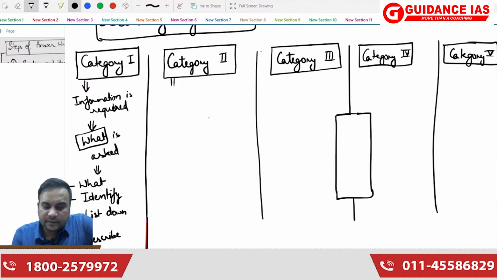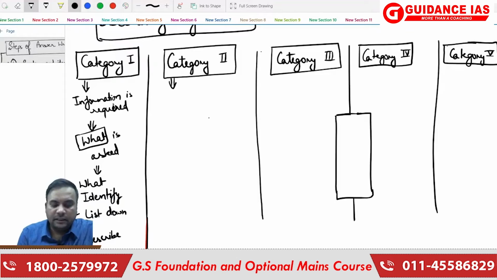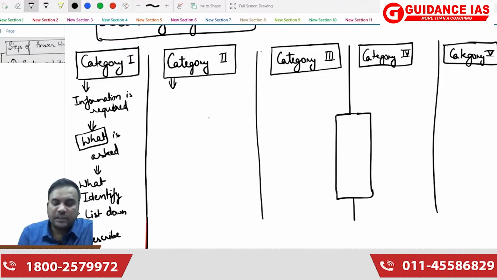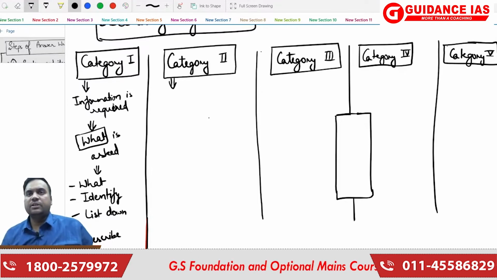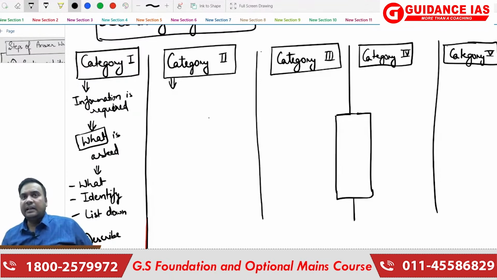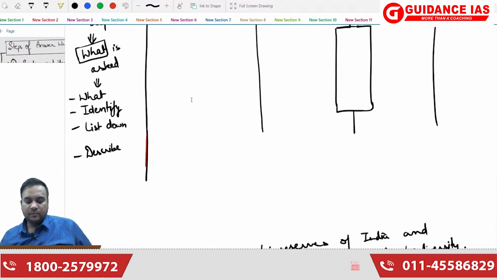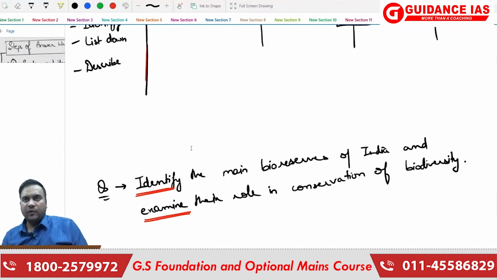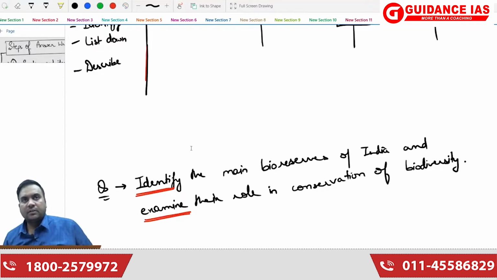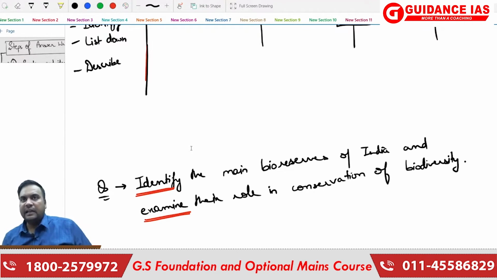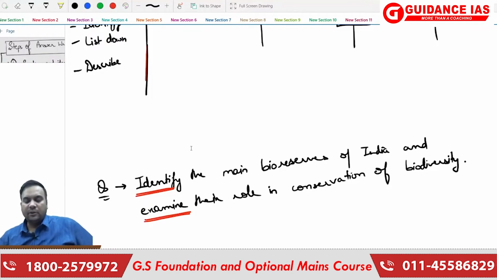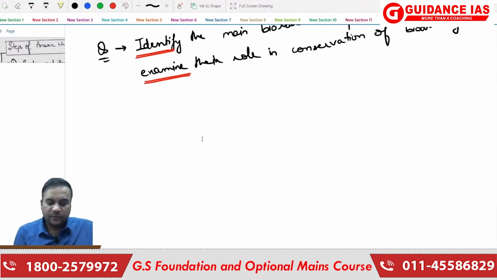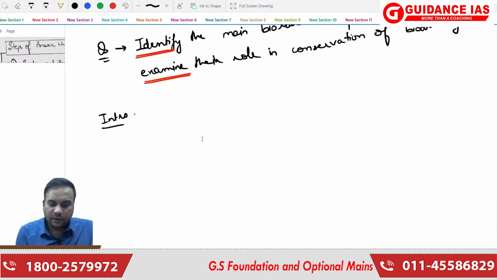The second point here is that information is explicitly required or asked. Here it is asking only names or some little information about biosphere reserves. It is saying identify. Even if it was writing describe, then we could have written a few things about the biosphere reserves. It is saying just identify. So first thing I would say is, if I have to write an introduction, I could have written one line of introduction.